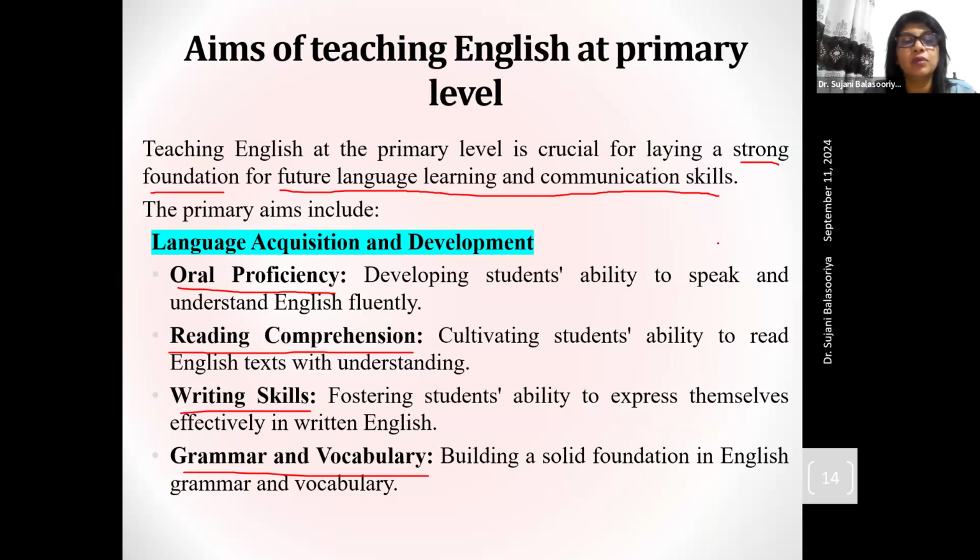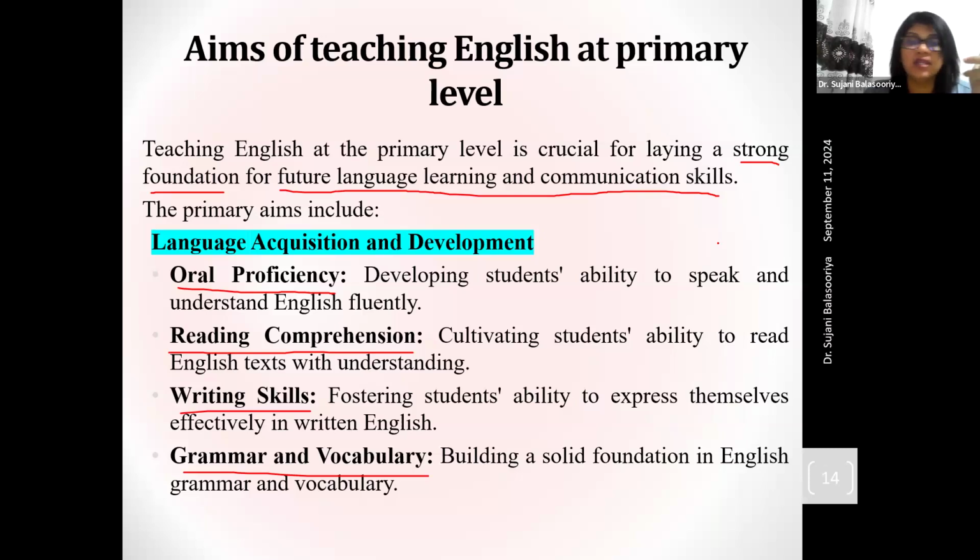So when you talk about the oral proficiency, it involves both speaking and listening, right? Speak and understand means the kid should be able to speak clear English and also should be able to understand, right, on the other side. So that is one aim.